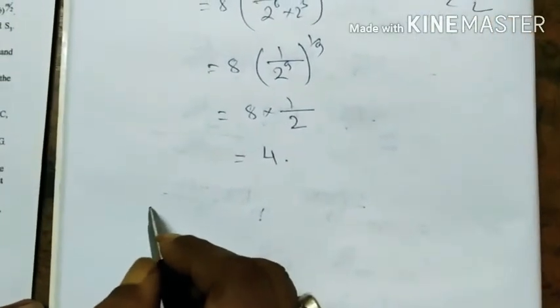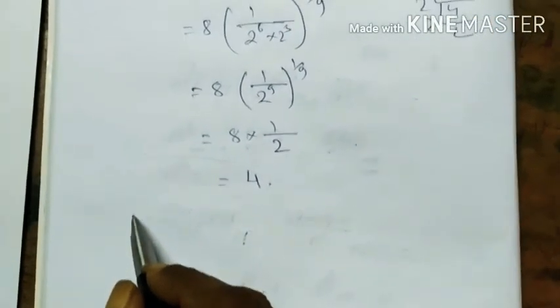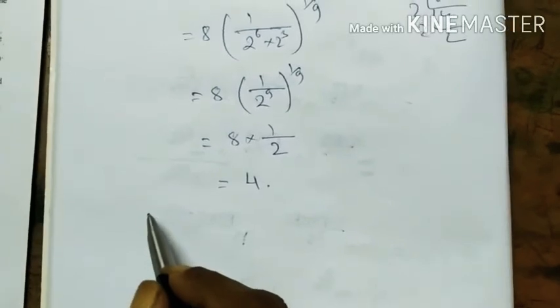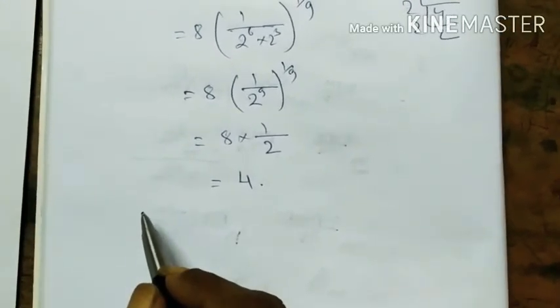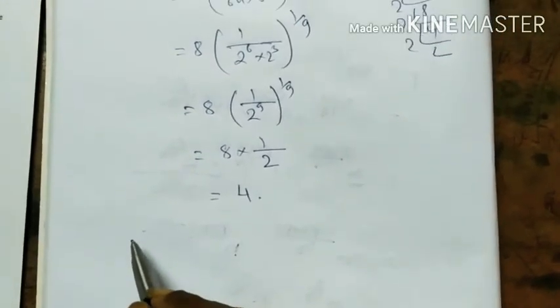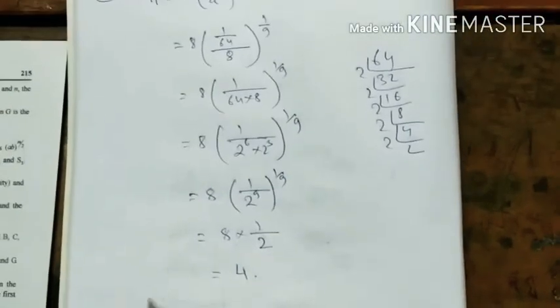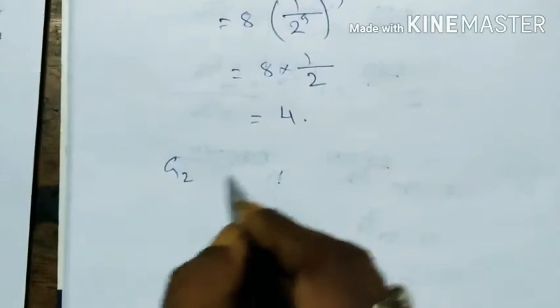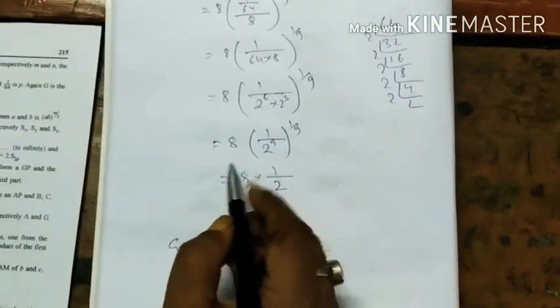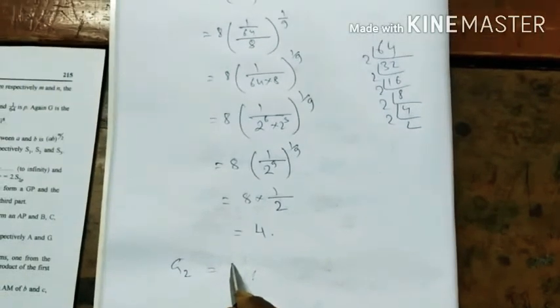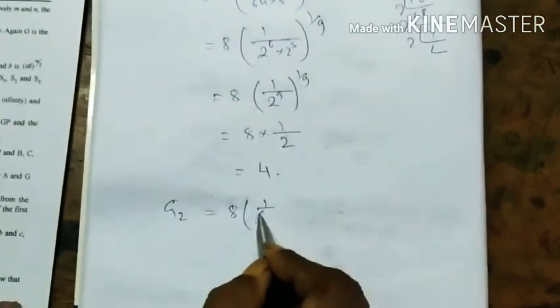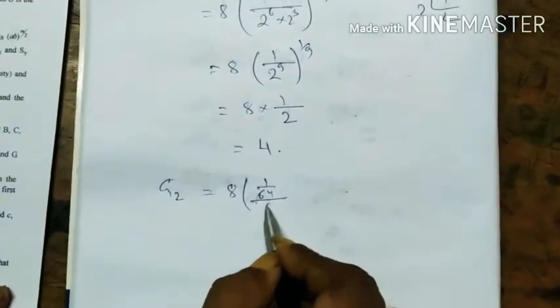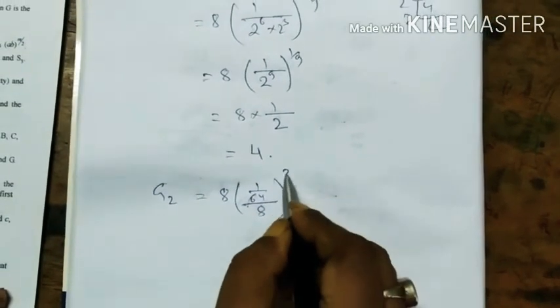Similarly, the product of the 8 geometric means between this and this is P. This is G1. Now G2, how much will this be? I am writing in short: 8 into (1 by 64 by 8) to the whole power 2 by 9.